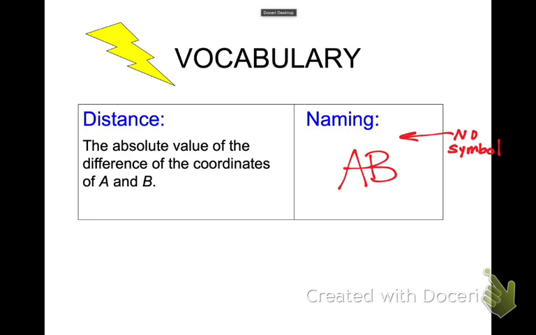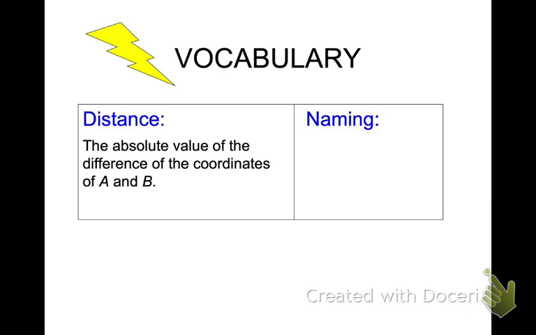What's the absolute value of negative 5? 5. Why do I want to take the absolute value of the difference of something when I'm talking about the length of something? Can I have negative lengths? No. So I needed my distance to always be positive. How do I assure that I will have a positive answer? By taking the absolute value of it. Okay, so that's why we do absolute value.